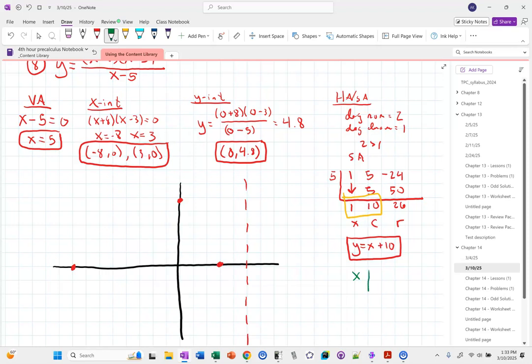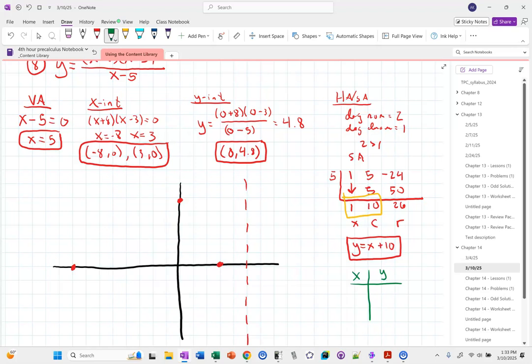So if I wanted to plot this, how many points do I need for that? It's a straight line, so I just need 2, right? Since there's that plus 10 at the end, I'm going to pick negative values so I'm not off the charts on this guy.